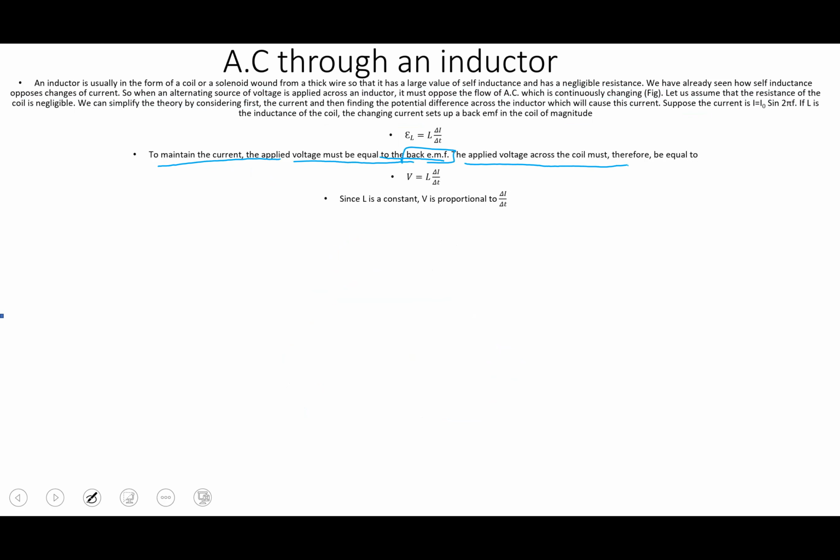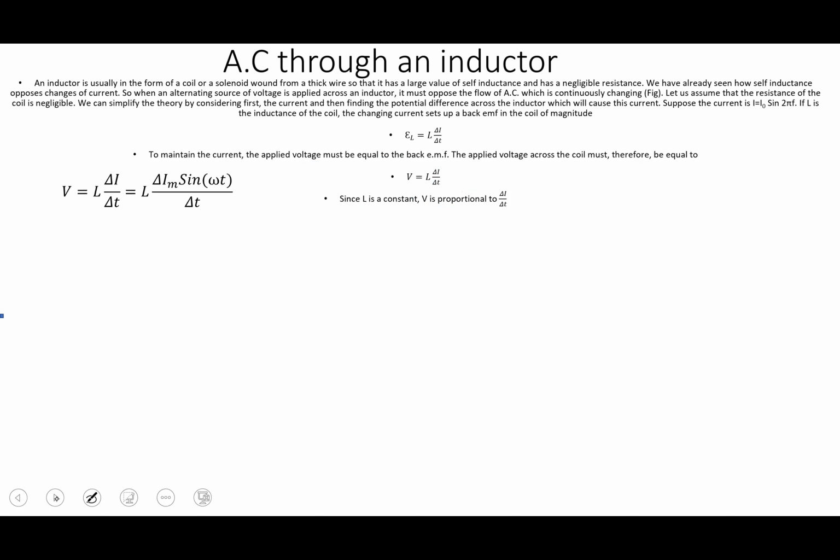This applied voltage across the coil must therefore be equal to V equals L into delta I divided by delta t, where L is the self-inductance, a constant value, and V is proportional to delta I over delta t. So in graphical representation, as the slope of I increases, the voltage will be maximum, when the slope of I is 0, the voltage will be 0, and when the slope of I is decreasing, the voltage will be negative.